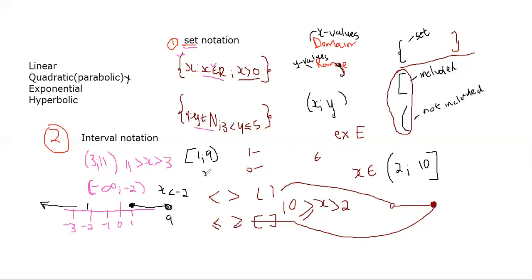Meaning, if you were to represent this in terms of the simple inequalities, right, that we are used to, you would say that x is greater than or equal to 1 but less than 9, right?